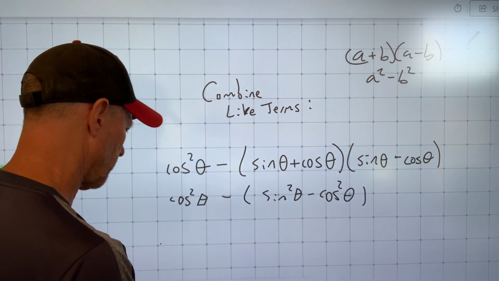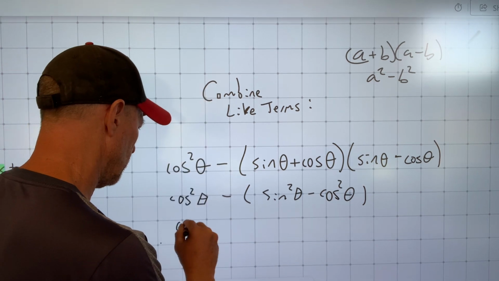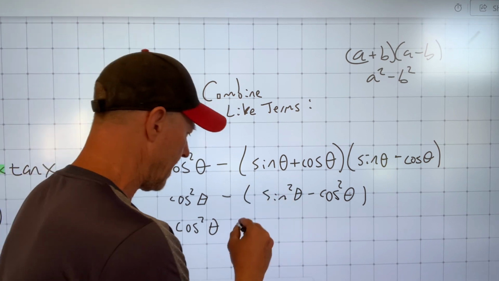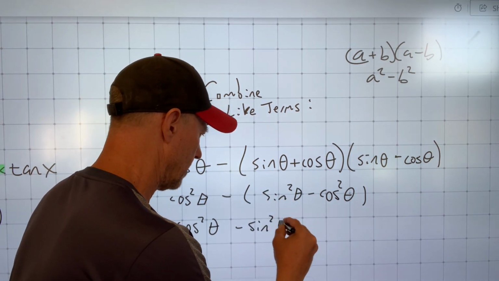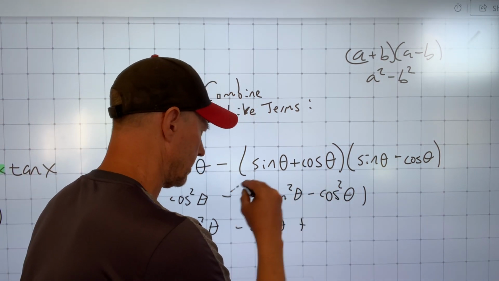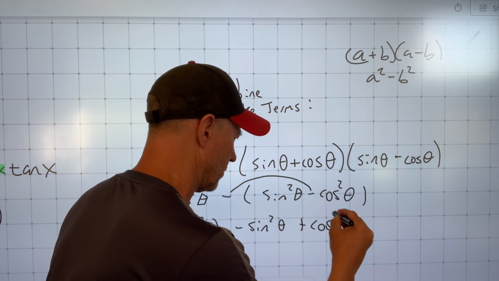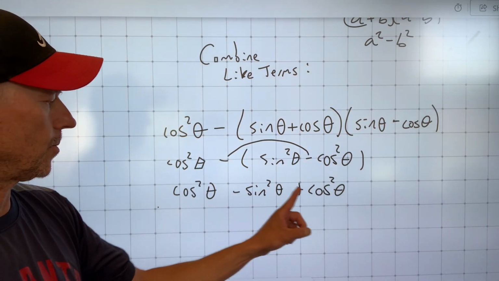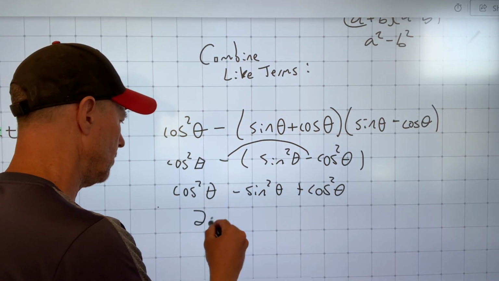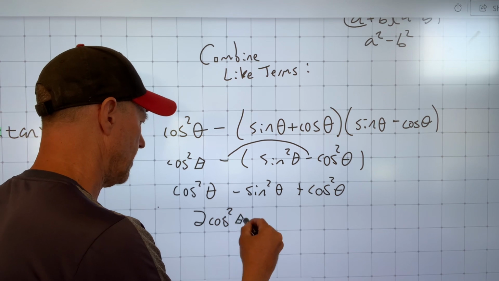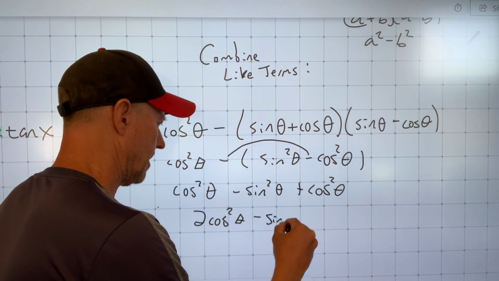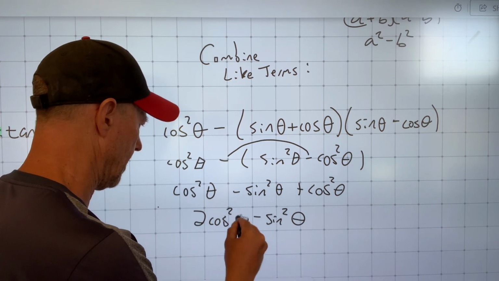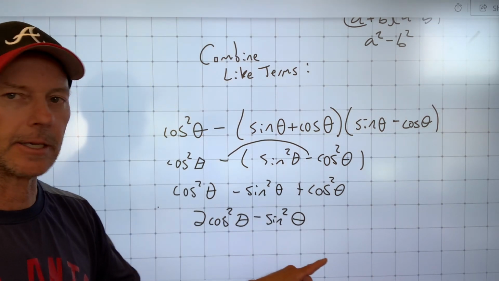So I have cos squared theta minus sine squared theta plus, because of this double negative, plus cos squared theta. And so if I combine like terms, cos squared and cos squared is 2 cos squared theta, and then I still have the minus sine squared theta. And so we combine like terms there.